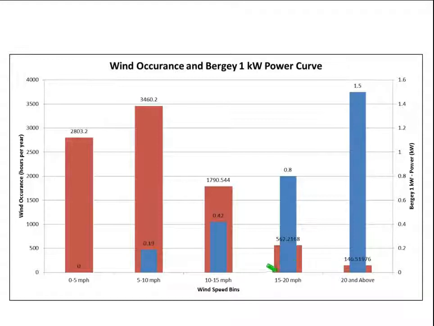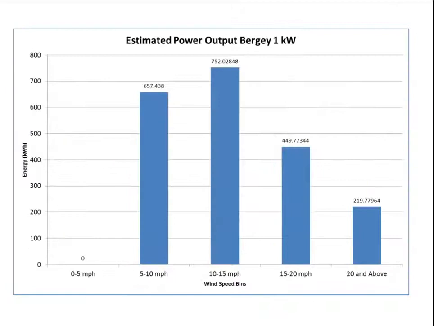So we can look at that. Now, if we were to multiply these together, we could try to estimate how much this turbine might create in a year. This is one way to estimate it. There are other ways. And this is what we come up with: we are getting 500 kilowatt hours from the 5 to 10 mile per hour block, 700 kilowatt hours from the 10 to 15 block, and so on. And so we can see that really this is our bread and butter right here, 10 to 15 miles an hour.